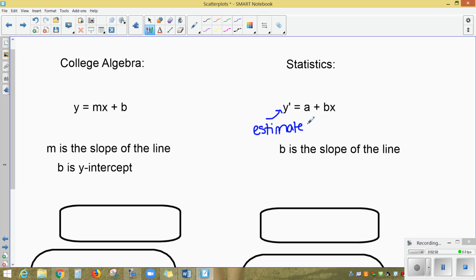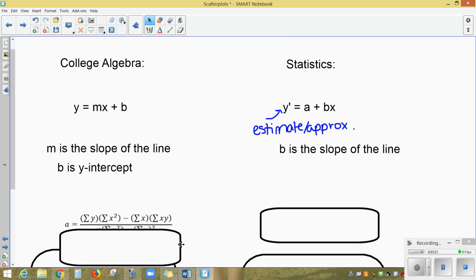I can't write one word and say another. Estimate or approximate. So it's not a perfect line that's going to fit through all of our points, but this is going to be our best fit line. And a is the y-intercept, and b is the slope. The rules haven't changed from college algebra, it's just that we write the equation in a different order.